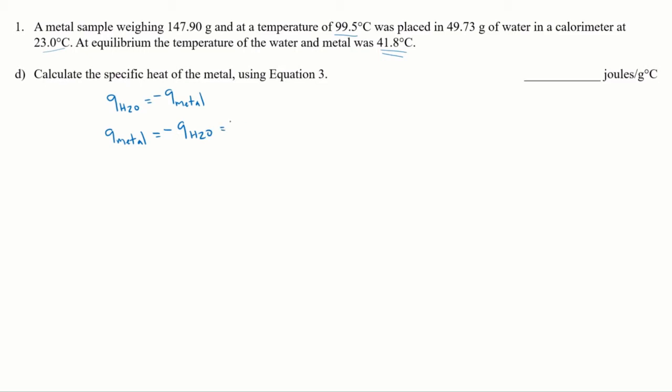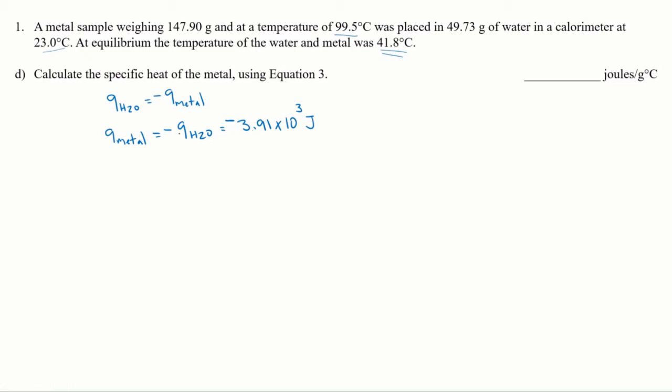Now, we already have a positive value for the amount of energy that was absorbed by water, and now we're going to give it a negative energy. So the amount of energy that the metal lost is equal in magnitude to the amount of energy that water gained, but opposite in direction.